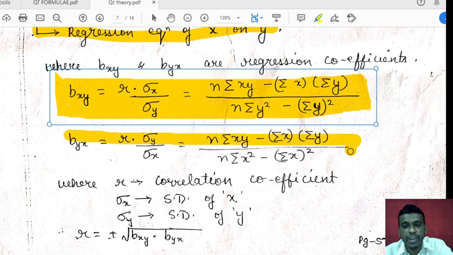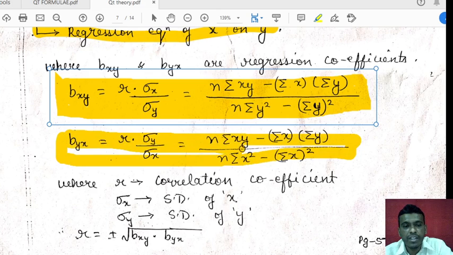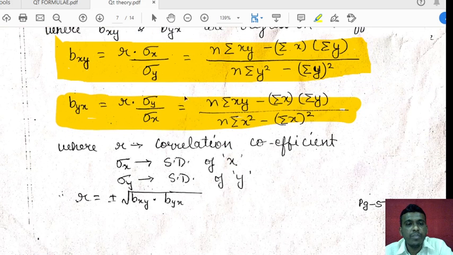If you want to convert this into the byx formula, see here, the byx formula is written here. So what is byx? Byx is r multiplied by sigma y upon sigma x, because it is y on x. This way you can think y is on x, and that is why we have sigma y upon sigma x.